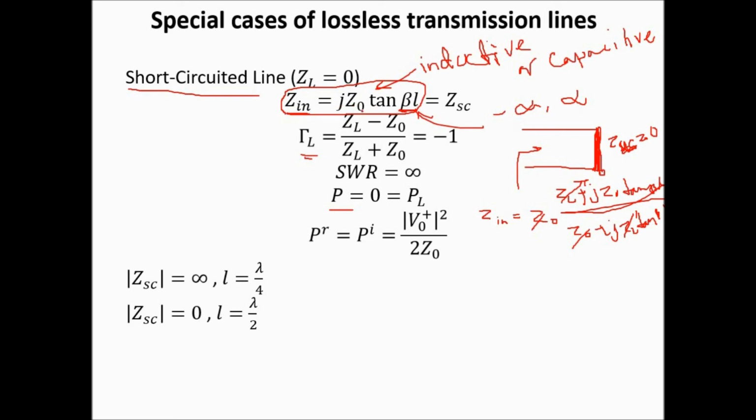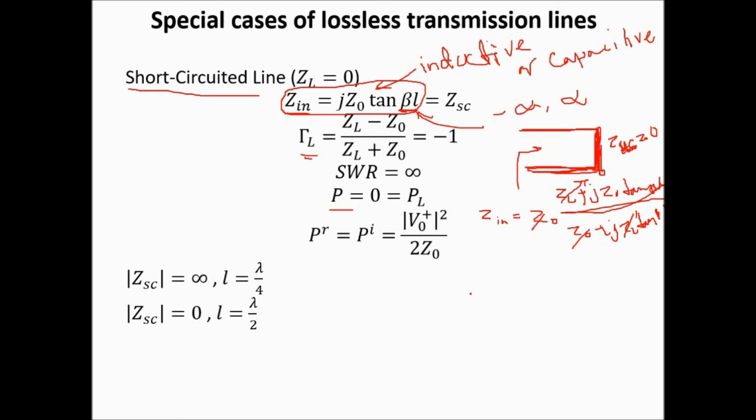That means a short circuit transmission line is nothing but an inductor or a capacitor. You can produce any value for inductance and capacitance by using a short circuit transmission line. So this is very interesting: you can use a short circuit transmission line as an inductor or capacitor.